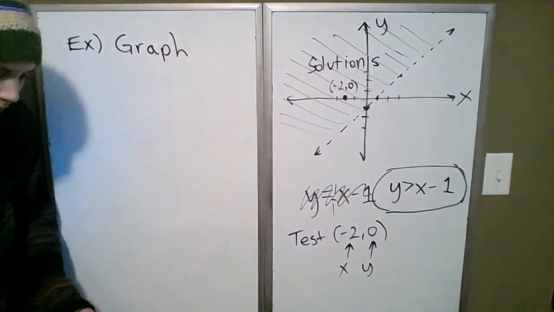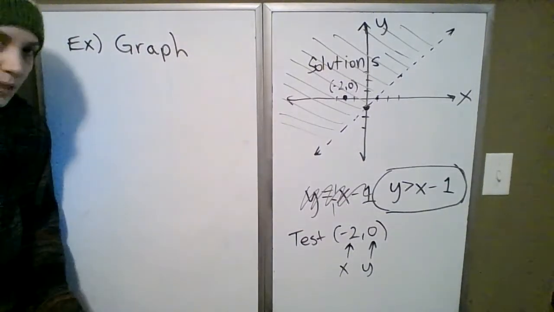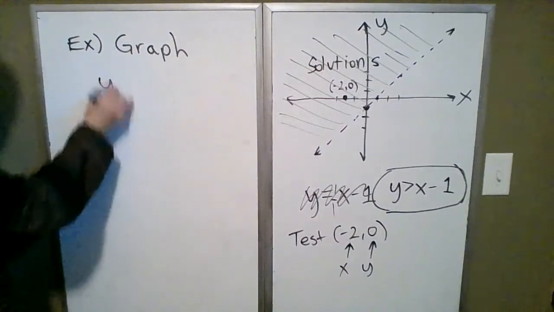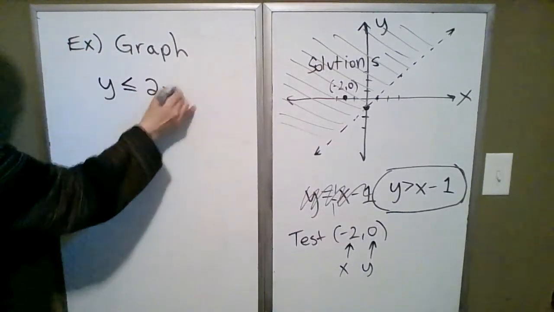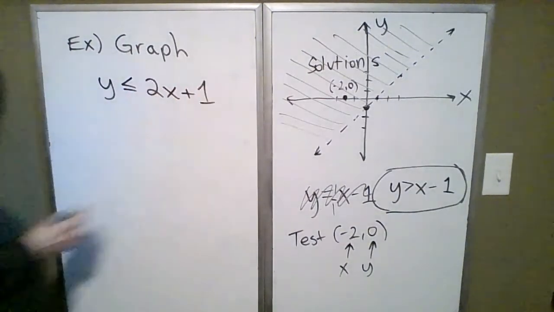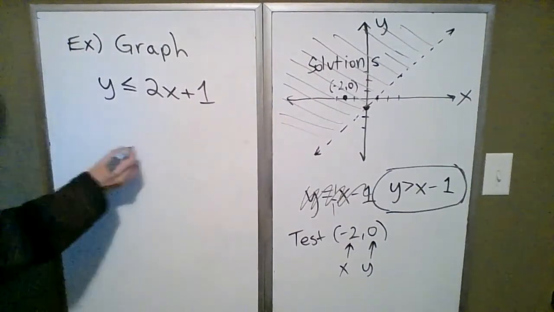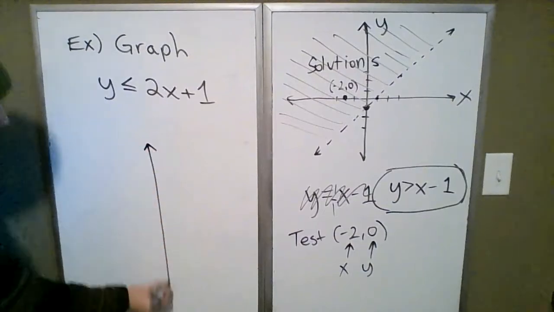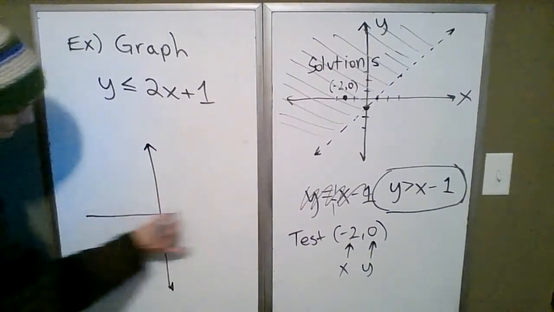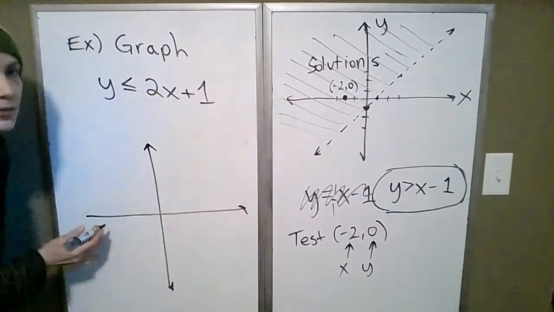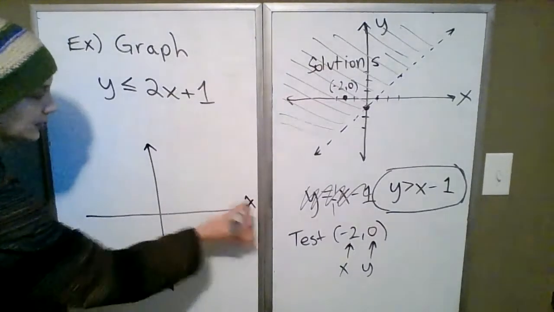Move on to graph y less than or equal to 2x plus 1. So two variables, x and y.